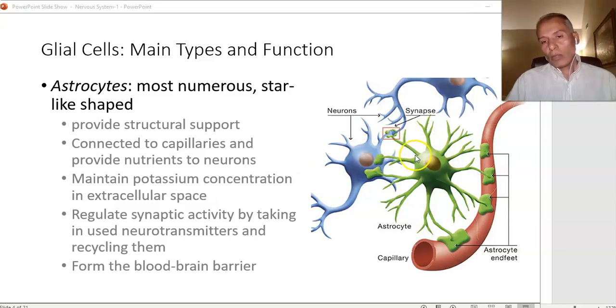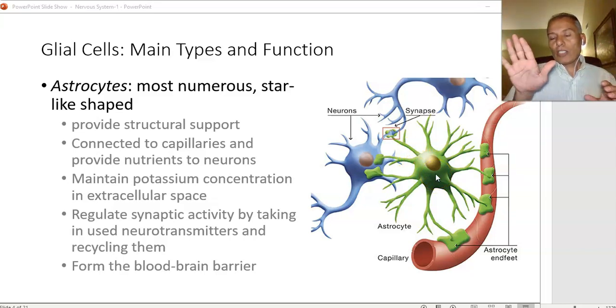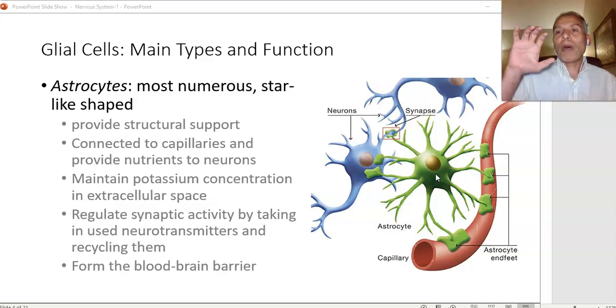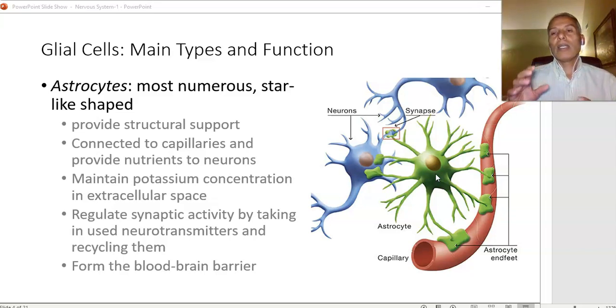And as you can see, they have many arms, and each arm has little feet. We call them pods, like a podiatrist is a foot specialist. Pod in Latin means foot. So these are pods. There are millions of astrocytes, of course.